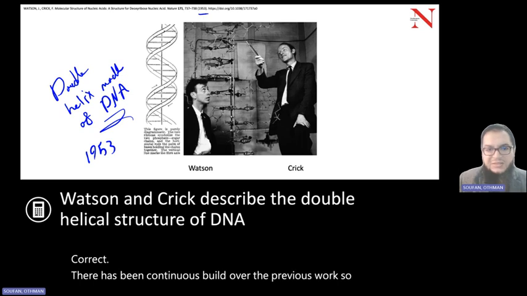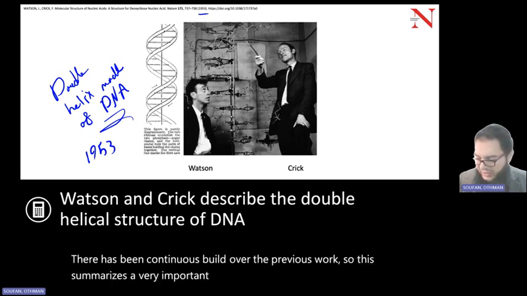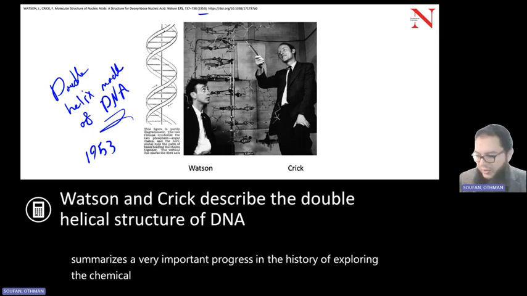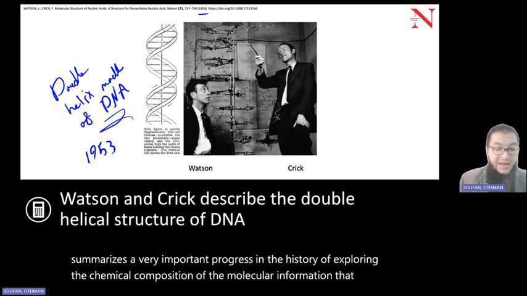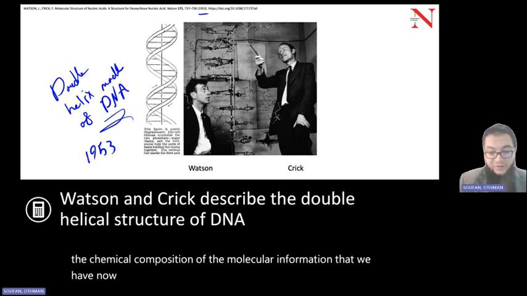So this summarizes a very important progress in the history of exploring the chemical composition of the molecular information that we have. Now, before moving on, there's another piece of history that I think is very important to highlight.